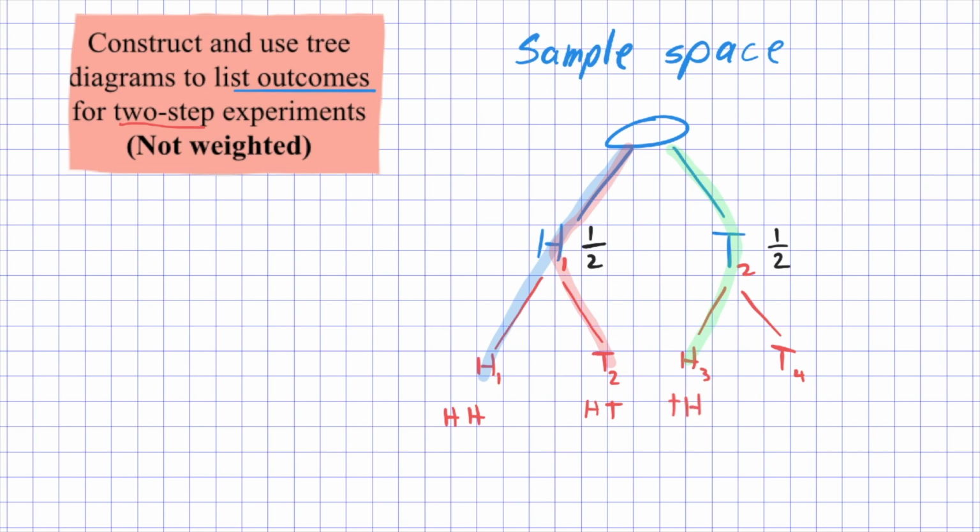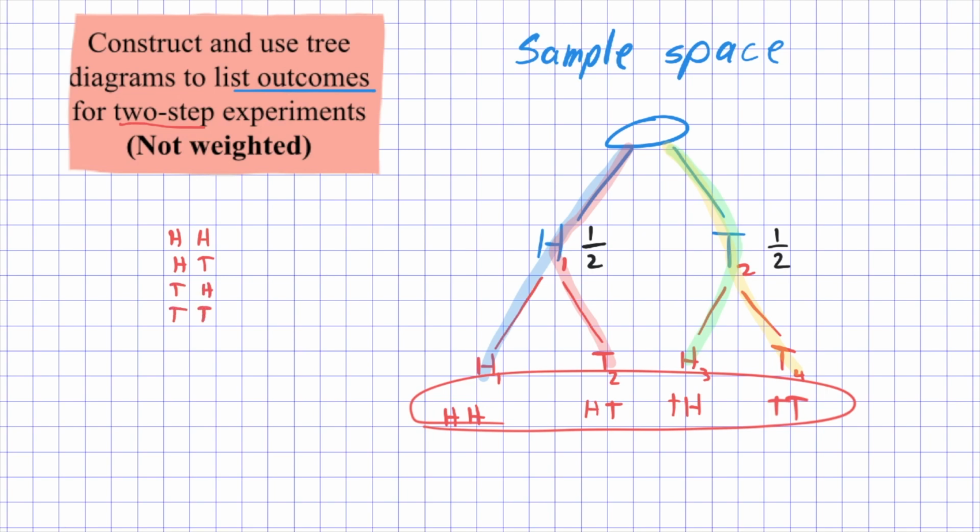And we have our final option here being tails and tails. We have 4 tracks that can run us all the way to the bottom. So this here now is a list of our sample space. So let's list that over here. Heads, heads, heads, tails, tails, heads, and tails, tails.